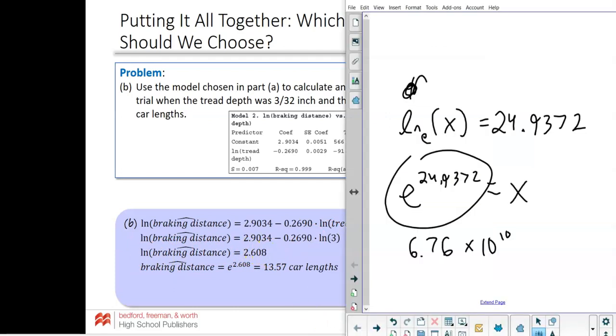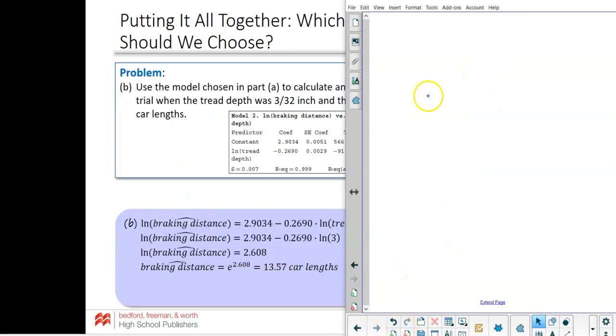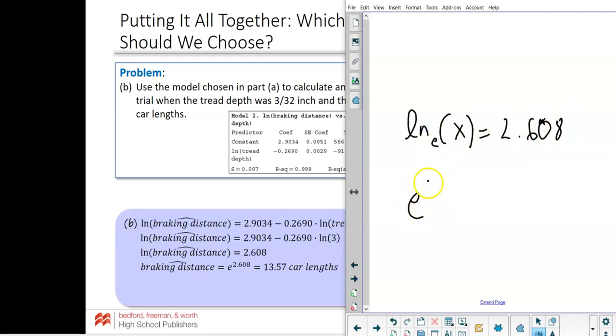You have a choice. You could use math to solve that. So you could say natural log of x, or whatever variable you want to use there, equals 2.608. That's really base e, so this would be e to the 2.608 equals x.